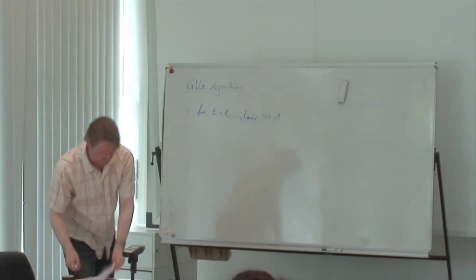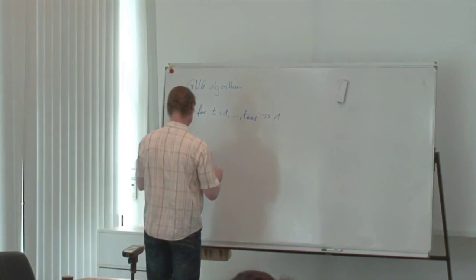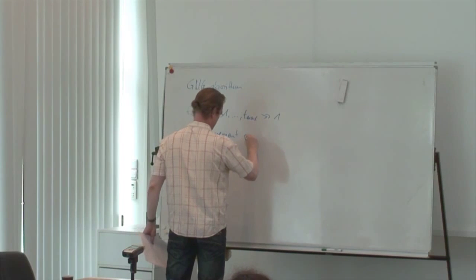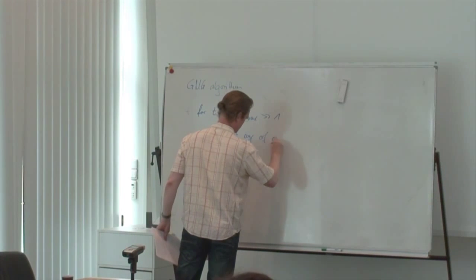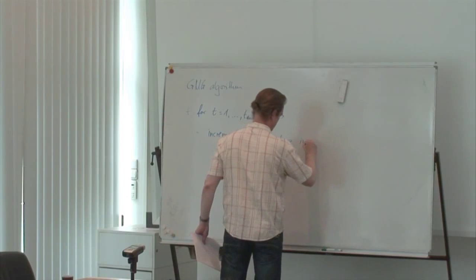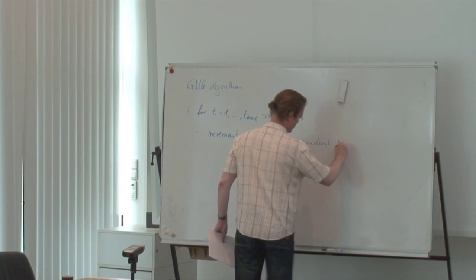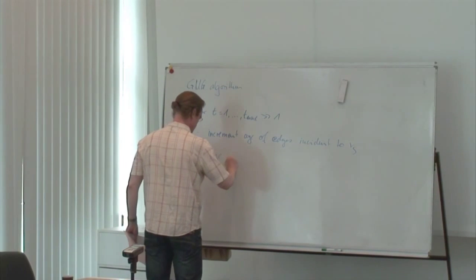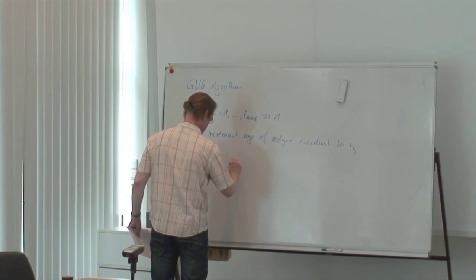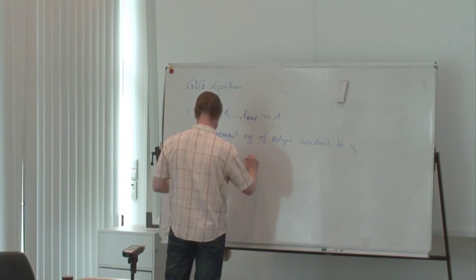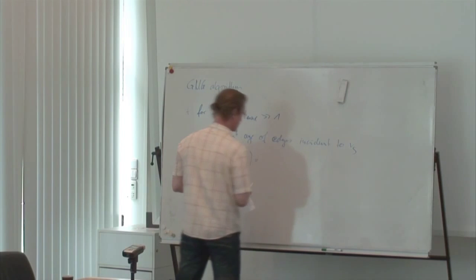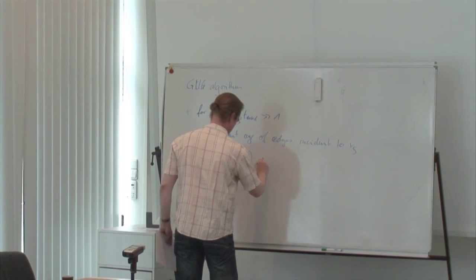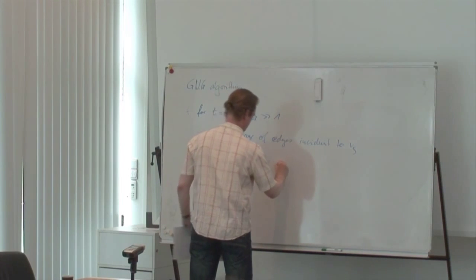Next thing is we increment the age of the edges incident to the winner vertex. That is, we set that the age of the edge Vs Vn is, I just make it fuzzy, increased by 1.